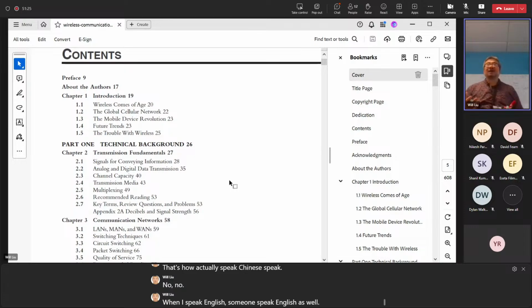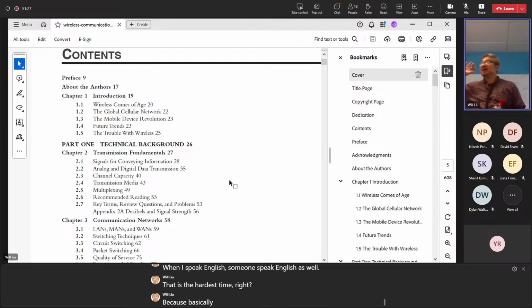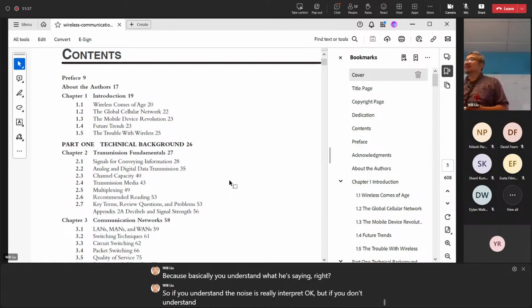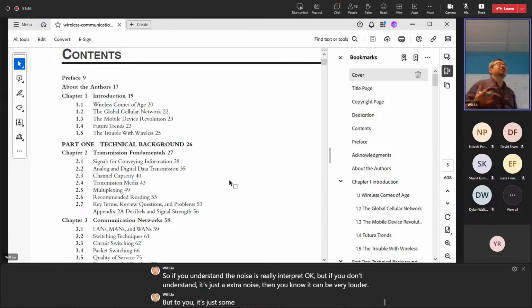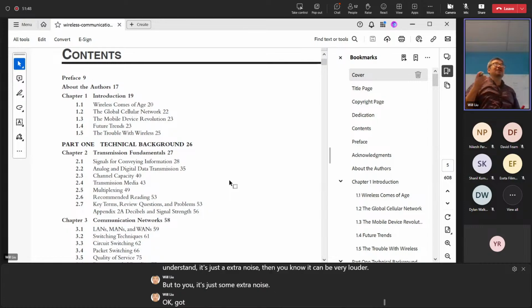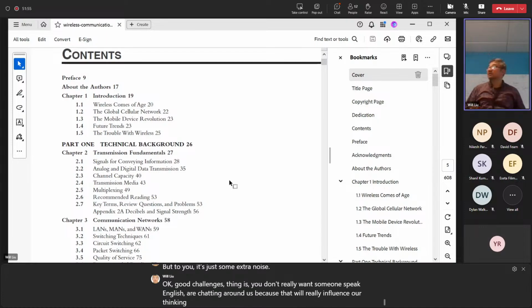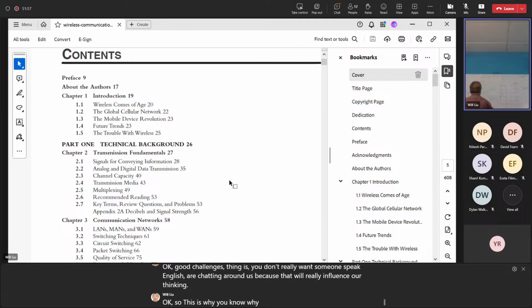That is the hardest, because you understand what he is saying. If you understand the noise, it's really interference. But if you don't understand, it's just extra noise, even if it is louder. The challenge is that you don't want someone speaking English around us, because that will really influence our thinking.